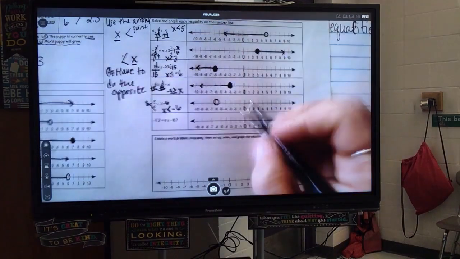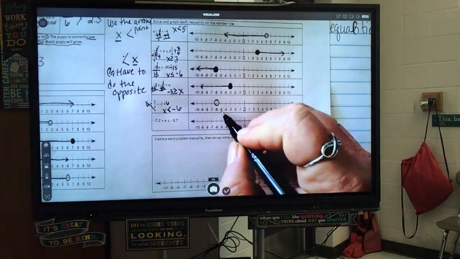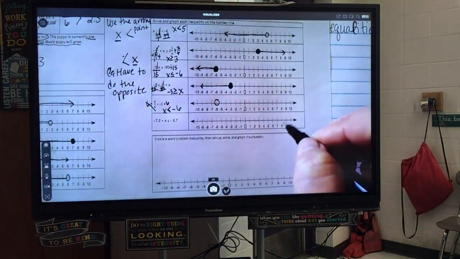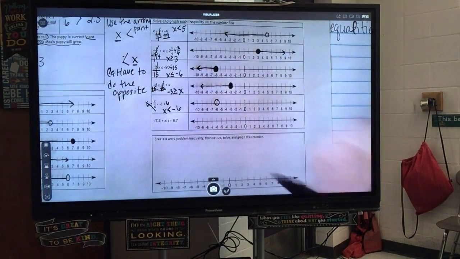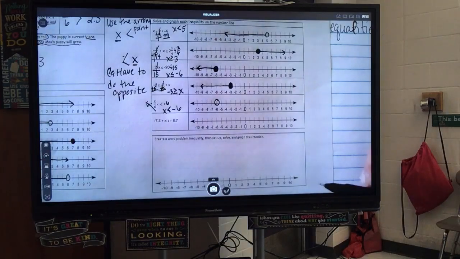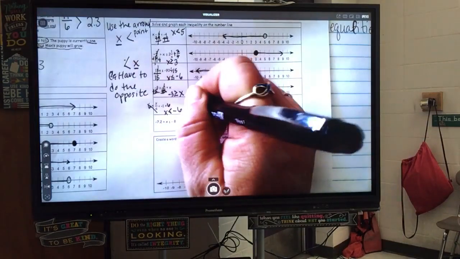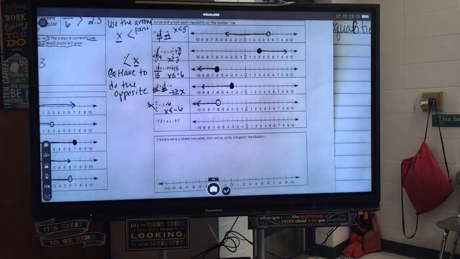Zero is here, negative 5 is here, negative 6 is there. Is negative 5 less than negative 6? Is it closer to 0? So it is not less than. It is greater than. So you're going to the left.